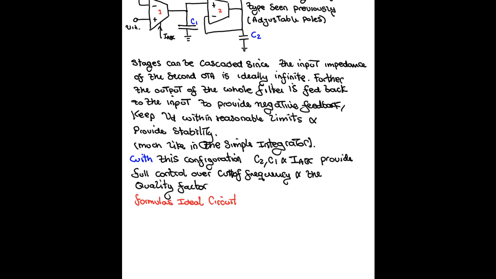So the cutoff frequency is controlled by IABC times K over 2 pi square root of C1 C2, that's equal to GM over 2 pi square root of C1 C2, and Q is equal to square root of C2 over C1.